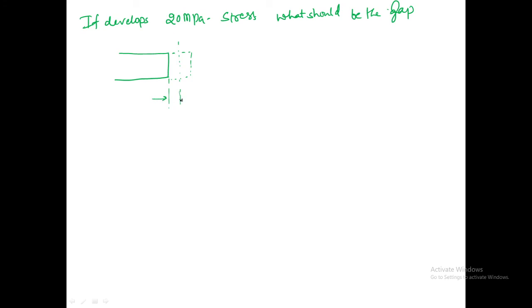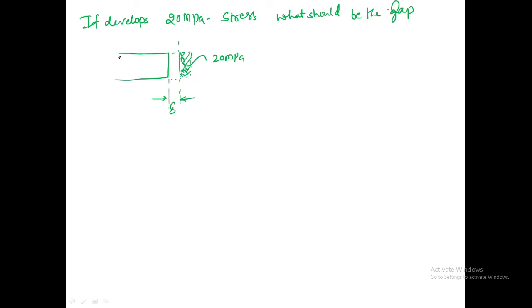We need to find out a gap, this one. It has been compressed in such a way that it has exerted 20 megapascal stress.